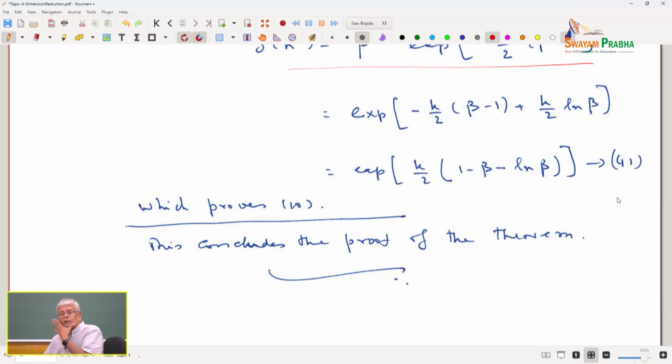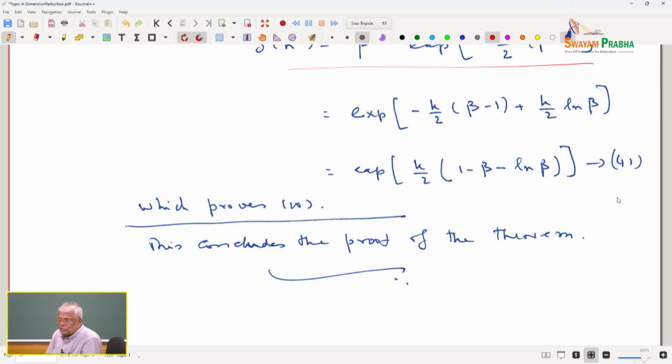So in summary, what is it we have done? We have tried to approach the notion of dimension reduction using random projection in a much more basic way, without having to resort to other results. This is probably a proof that anybody who has done a reasonably good probability theory course can understand.